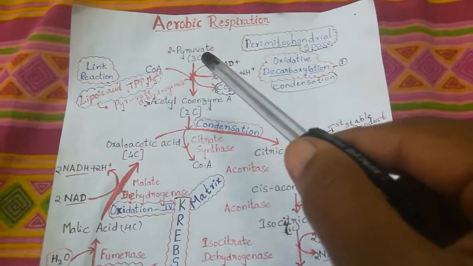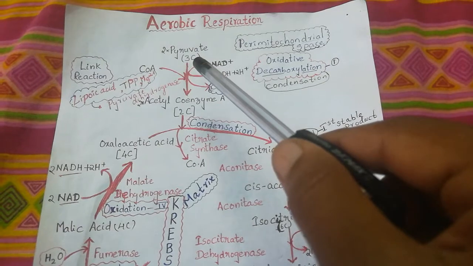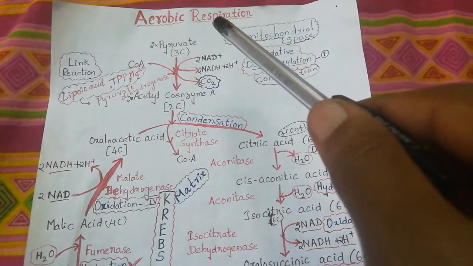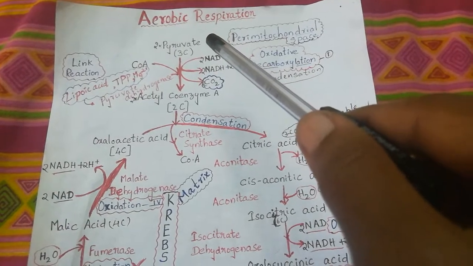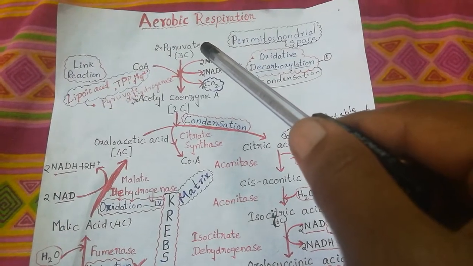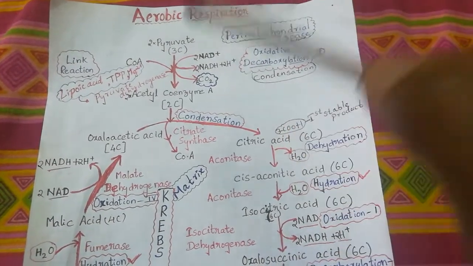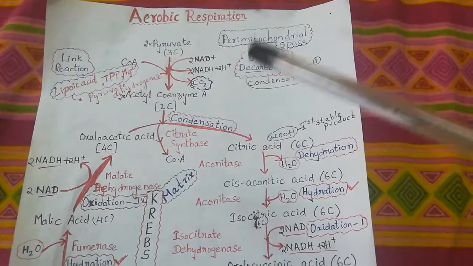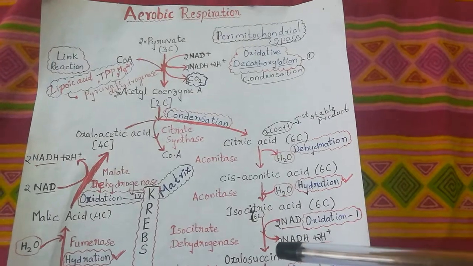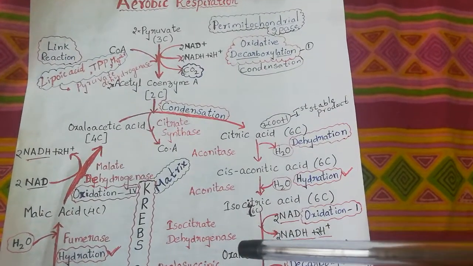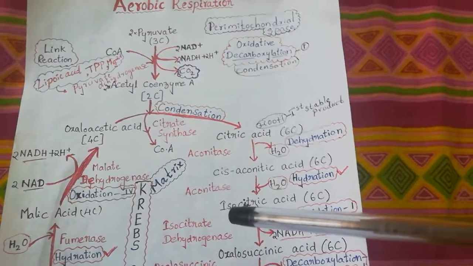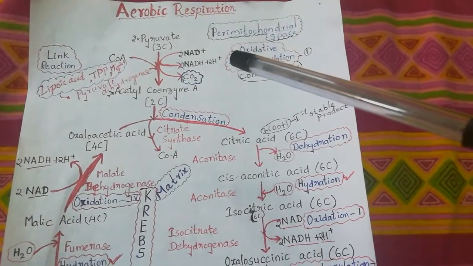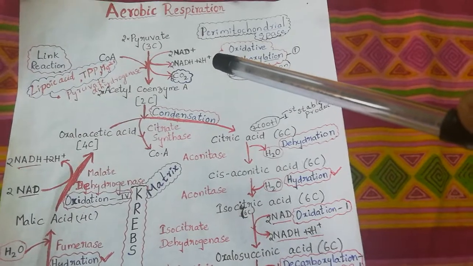So the main aim of aerobic respiration is the complete oxidation of pyruvic acid in order to release 3 molecules of carbon dioxide for one cycle, and it also removes the hydrogen atoms by oxidation in a step-by-step sequence. So in total there will be 4 oxidations in the Krebs cycle and 1 oxidation in the link reaction, and 1 in glycolysis, which we have already seen.